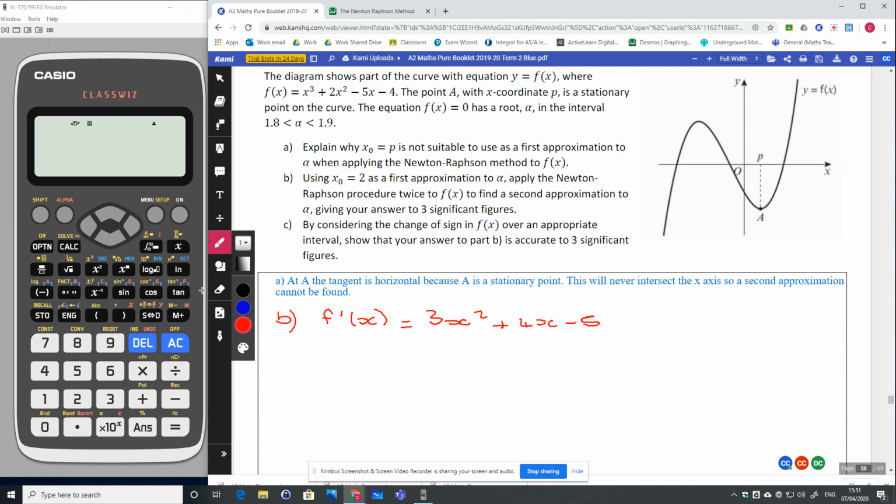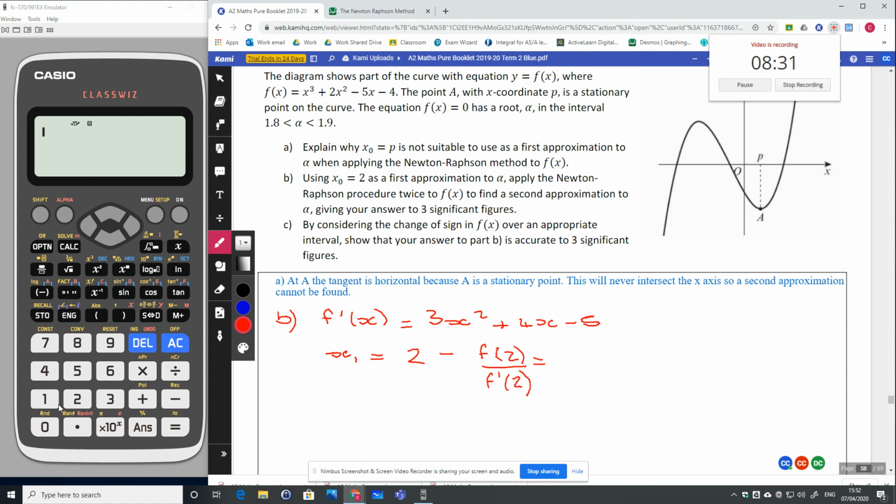And then to find x1, using the formula that we've got above, so we're doing x0, which is 2, minus f of x0 over f dashed. Now I would write that in to your working to show that you understand where the formula is coming from and what you're using.